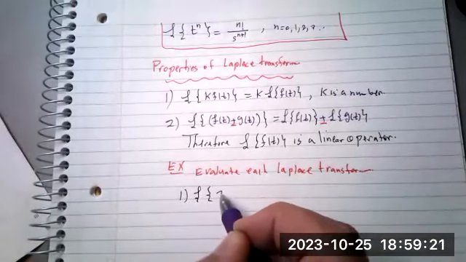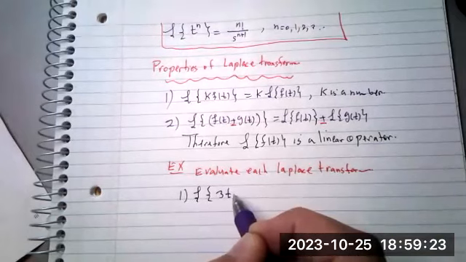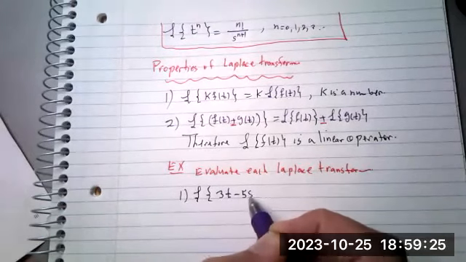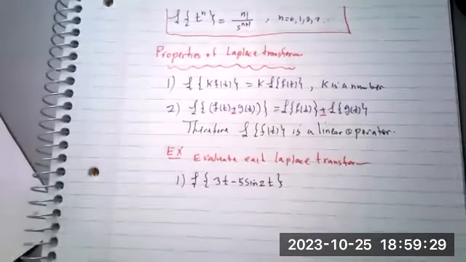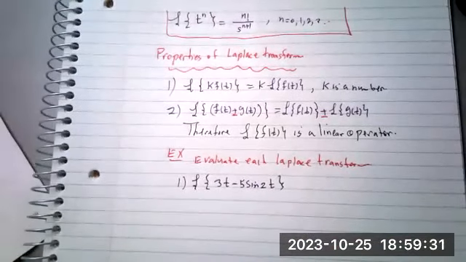The function is 3t minus 5 sine of 2t. Of course, you are not going to go to the integration formula. It takes ages to do it. So we are going to use this property that we talked about. It's like integration. Break it into parts using the linearity.